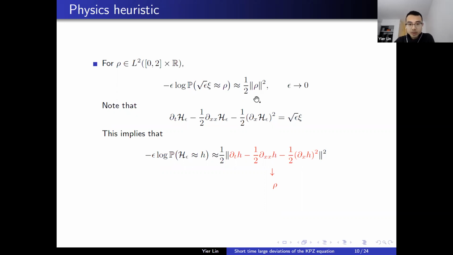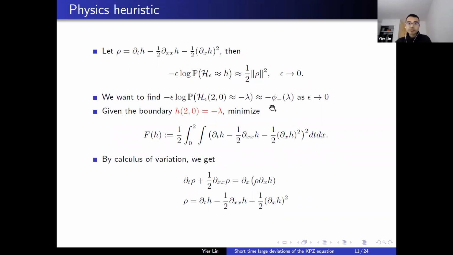Okay, so because you have the large deviation for this space-time white noise, basically you obtain a large deviation for this space-time trajectory for the KPZ equation. You'll have the same speed 1 over epsilon, and the rate function is given by this L2 norm here.